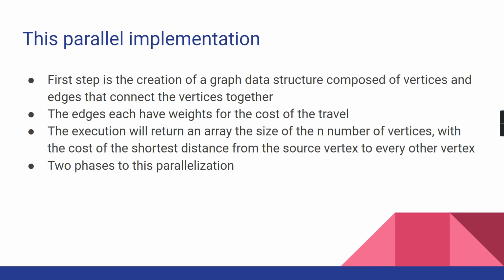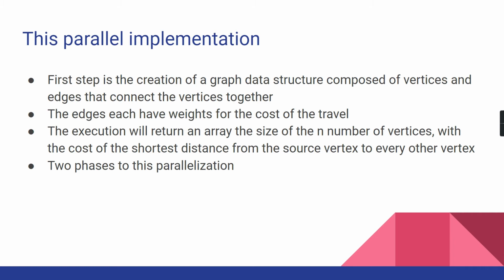So if two nodes can't reach each other or are not neighbors, then that distance will be infinite, and if they are neighbors, then it will be the weight between them. And the execution of this algorithm will return an array of size n, where n is the number of vertices, and that array will store the shortest distance from the source vertex to every other vertex.